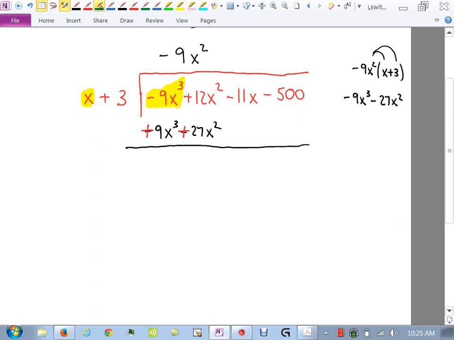What happens to the negative 9x cubed and the 9x cubed? They cancel out. And that's what should happen, right? That first one. Now, the second one is not going to guarantee cancel. What's 12x squared plus 27x squared? 39x squared. Yeah, remember, we're adding these things together, so they have to be like terms, which they are. So all we do is add the numbers in front. So 39x squared.